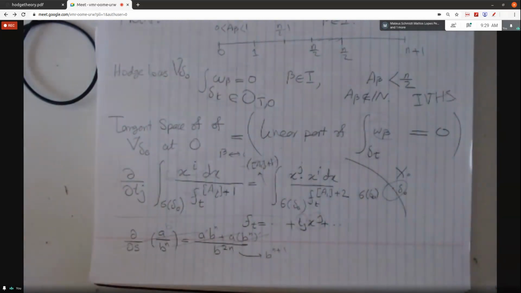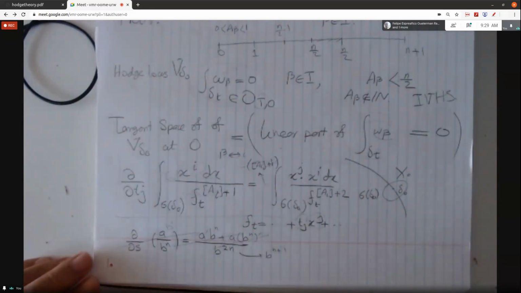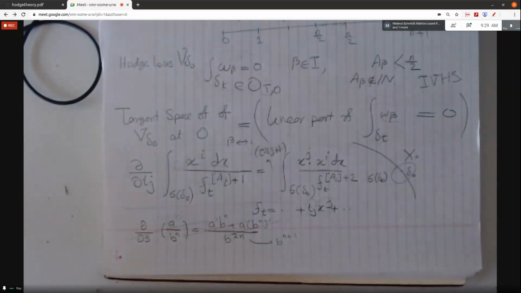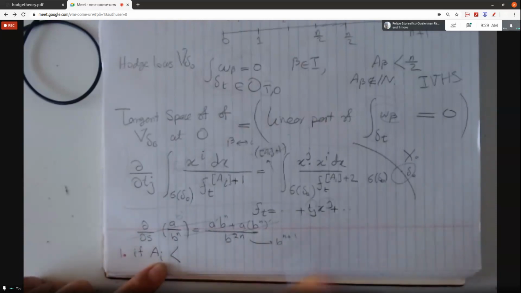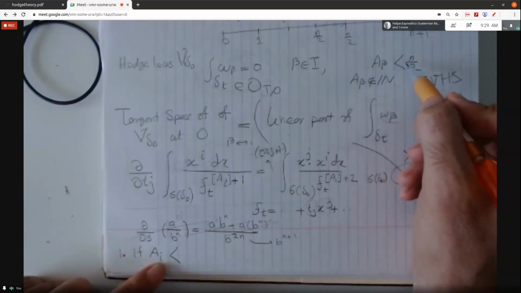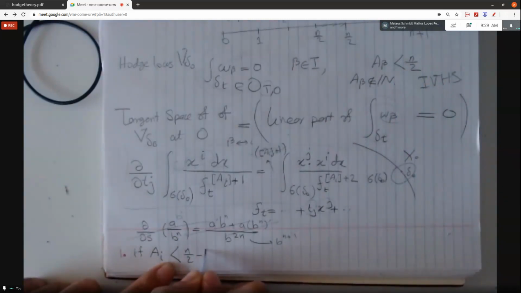So first observation: if a_i, in the definition of the Hodge cycle, is less than n half, n minus 1.